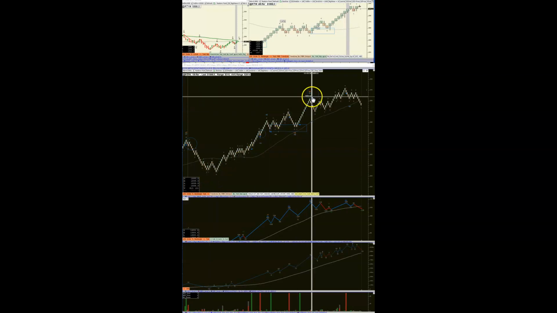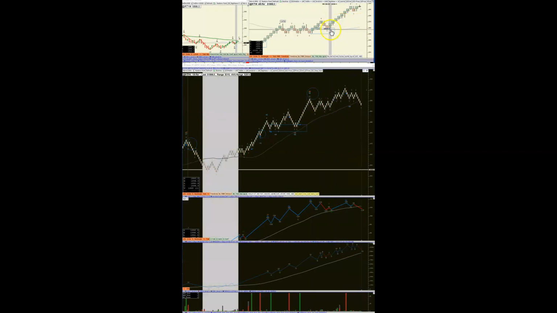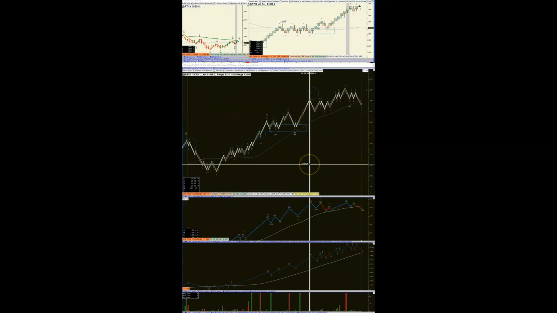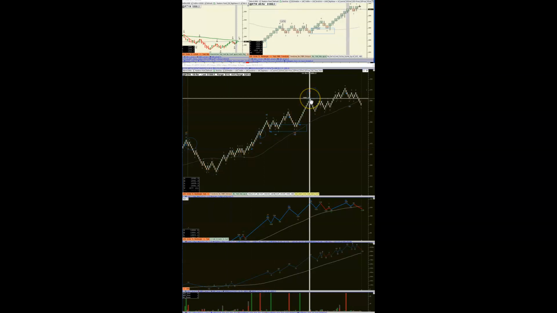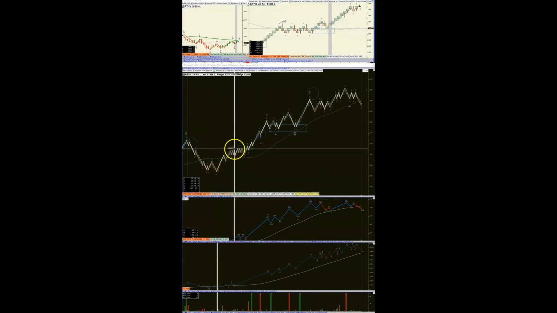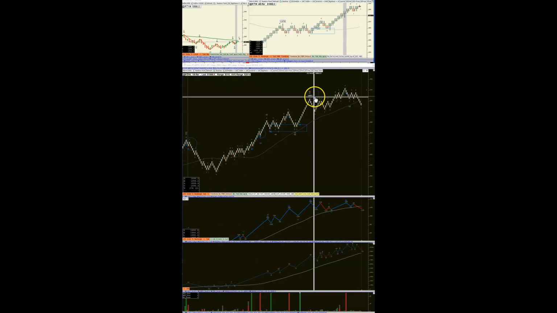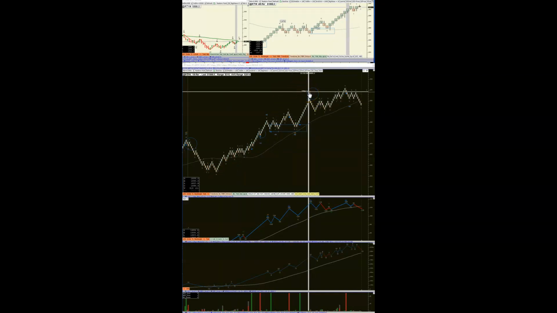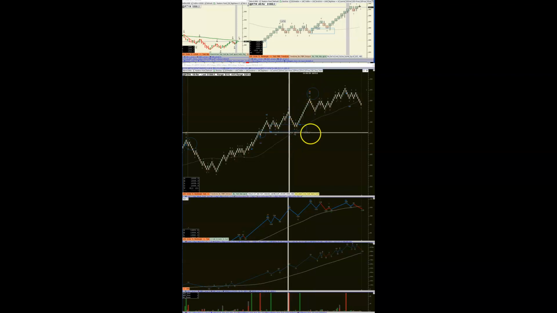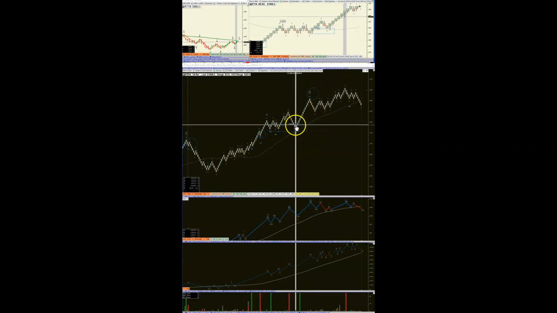What looks to be a climax on a lower time frame could be a breakout on the higher time frame at a resistance area. The market is going up to resistance on a higher time frame, looking like an entire trend on a lower time frame, and all this volume and price comes in, and you're thinking it's a climax, but it's not. It could be a breakout.